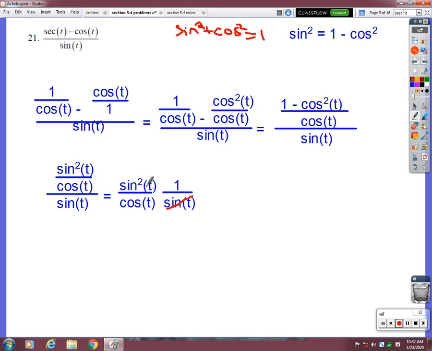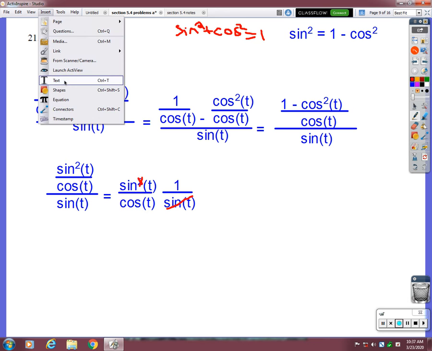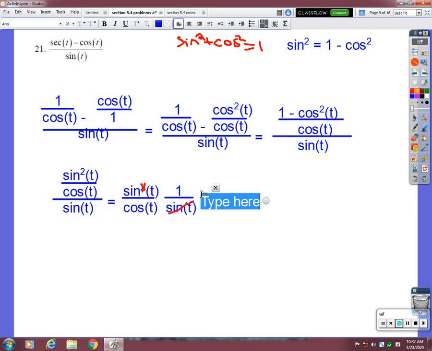Alright, so then we're almost done here. The sine on the bottom cancels with one of the sines on the top, leaving us with just a sine of t. There's nothing to be done with the cosine, so in the end I have sine over cosine, which if I go back and look at that chart on the other page, I know equals tangent.